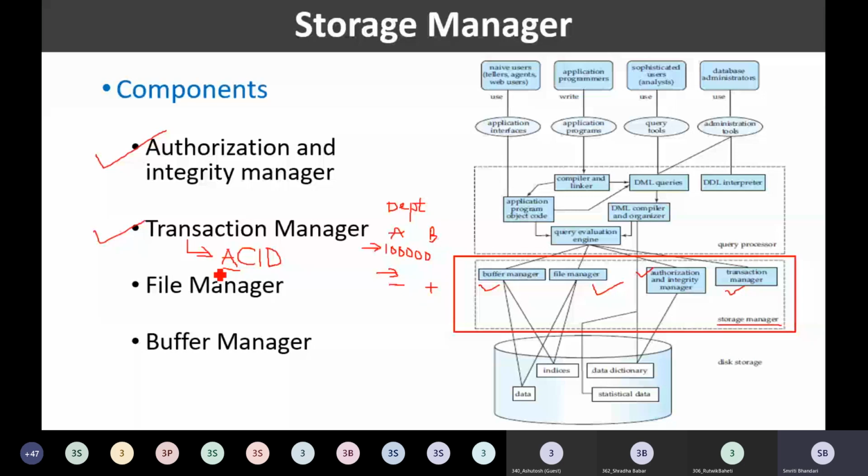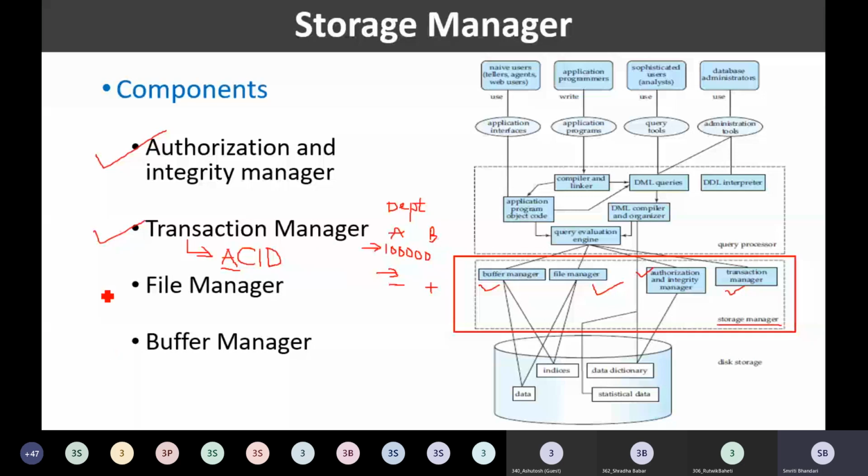So my transaction manager should ensure this atomicity property. That means every transaction should complete in its entirety, or nothing should be carried out as far as that failed transaction is considered. So I hope you must have understood these concepts. So this is the responsibility of transaction manager and the concurrency control manager, which is the part of it.